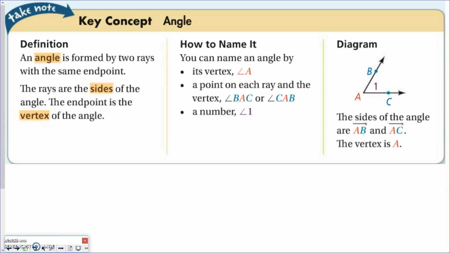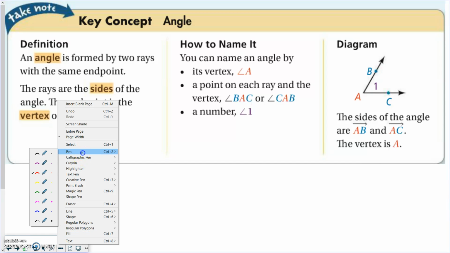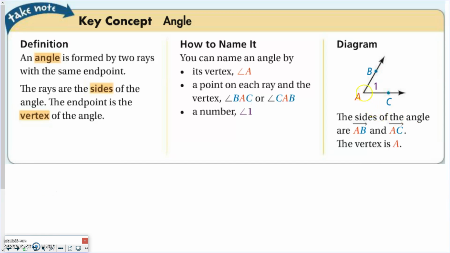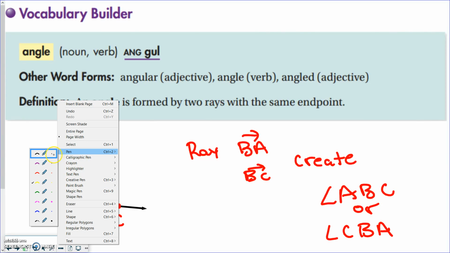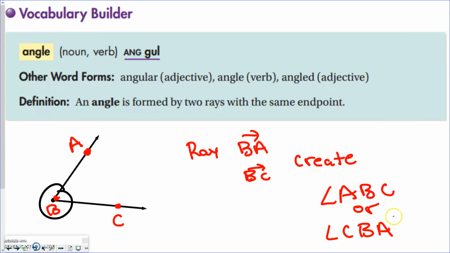On the previous slide, A was the vertex, the point where our two rays meet. In the previous example, our vertex was letter B. If you notice, when I named my angles, the letter B was in the middle both times.